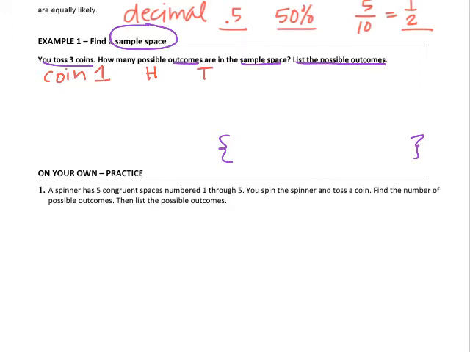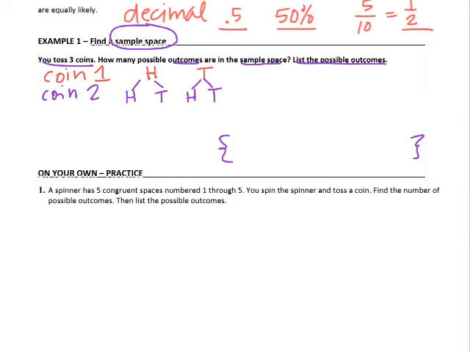If I do the second coin, coin number 2, if I got heads the first time, couldn't I also get heads the second time? Or I could get tails. If I got tails the first time, couldn't I get heads the second time with the second coin? Or I could get tails. So you can see my little tree that I'm building here is kind of going down a path.